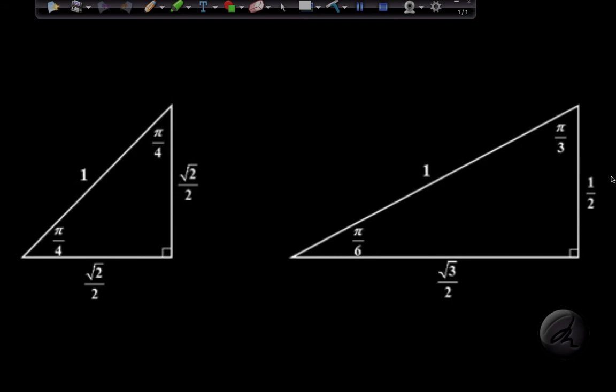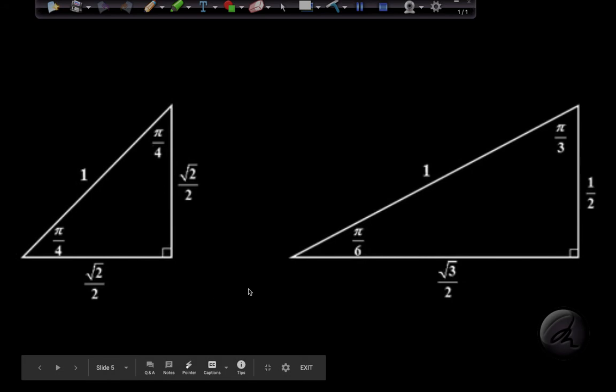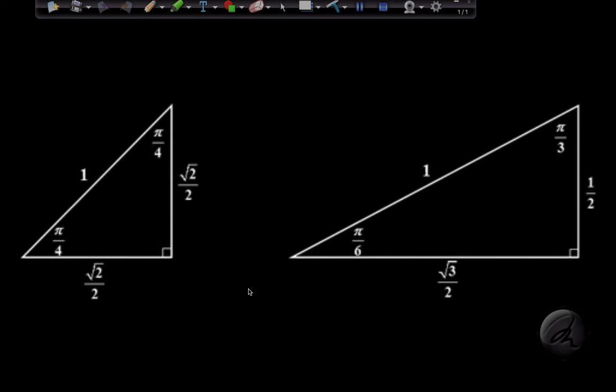And here are the ratios of the sides of a triangle with a hypotenuse of 1, which would be the radius of a unit circle. And on the left-hand side, the 45, 45, 90 right triangle, again with a hypotenuse of 1, will always have these measures for its other sides. You can confirm that for yourself using the Pythagorean theorem if you're in doubt.